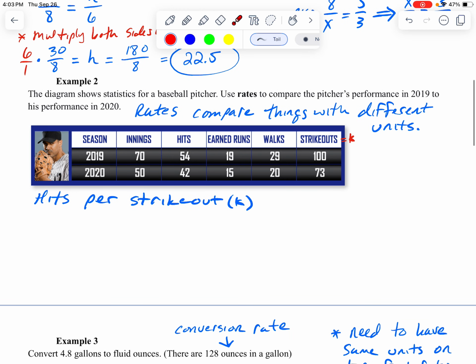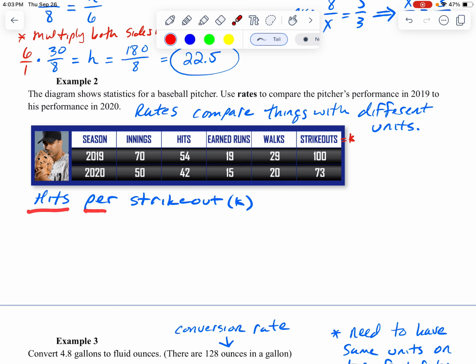What we're going to look at here is hits per strikeout. So if we're comparing this pitcher's statistics, how many hits did they give up compared to how many strikeouts they had. And again, this order matters.